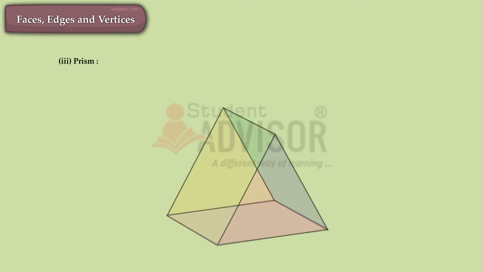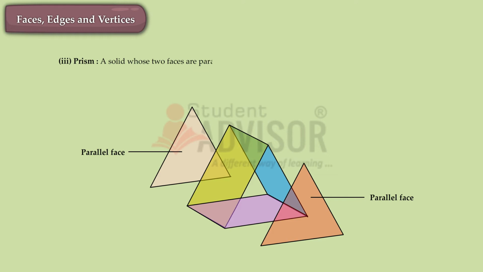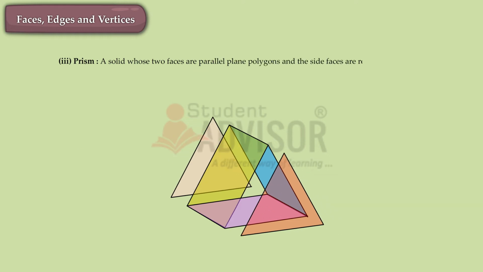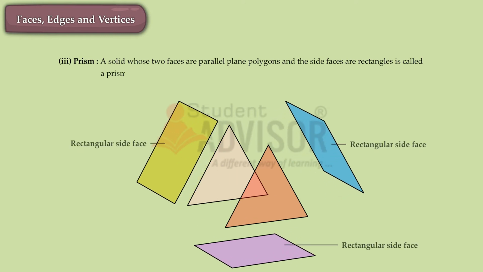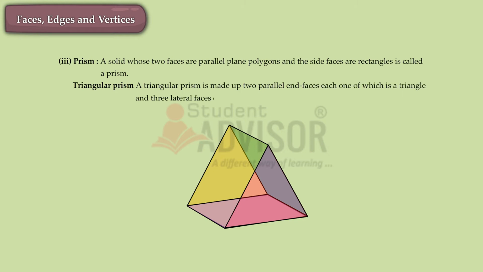Prism. A solid whose 2 faces are parallel plane polygons, and the side faces are rectangles is called a prism. Triangular prism. A triangular prism is made up of 2 parallel end faces, each one of which is a triangle, and 3 lateral faces, each one of which is a rectangle.